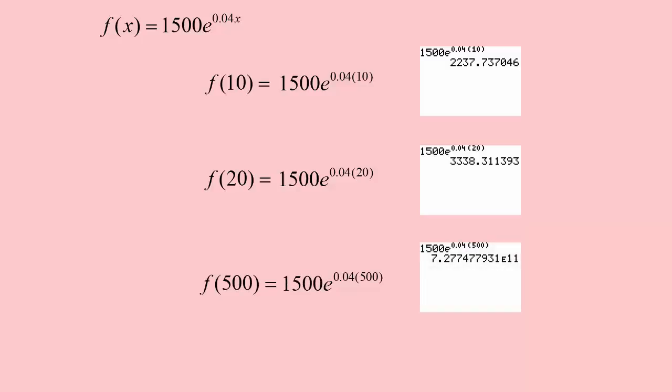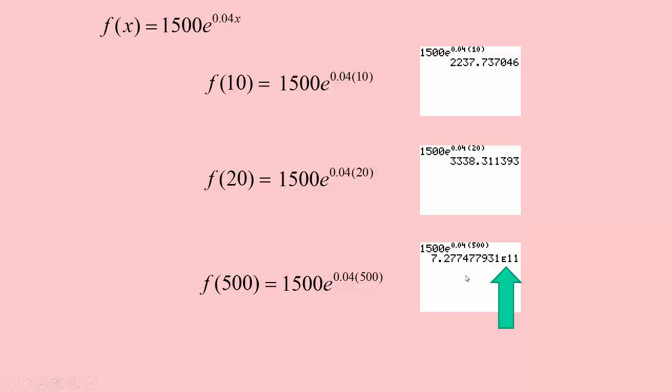Now these are things you need to at least pause the video and try it on your calculator and make sure you know how to type these. Let me just point out on this last one, do you notice the little E here? This is a humongous number. The scientific notation, the E11, means actually you got a 7 and then 11 numbers past it.